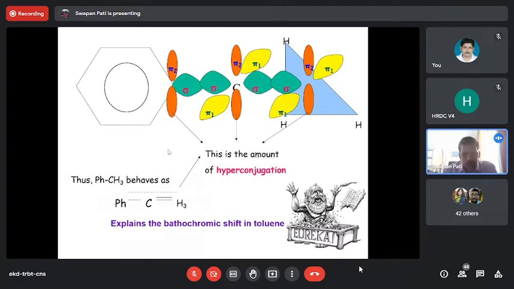So what you have is a phenyl with a single bond to carbon, and there are 3 bonds to H3 as an object. Out of the 3, 2 of them are pi type and 1 is sigma. So in fact, one of the pi type can interact through the carbon with the benzene. That's the hyperconjugation, and this was explained by Mulliken in 1950.